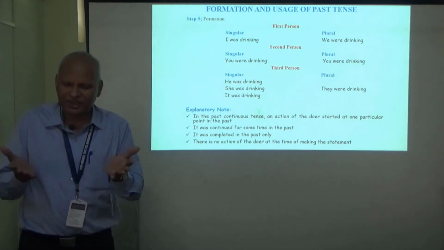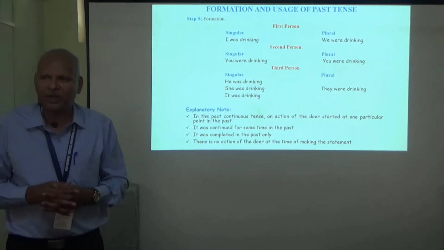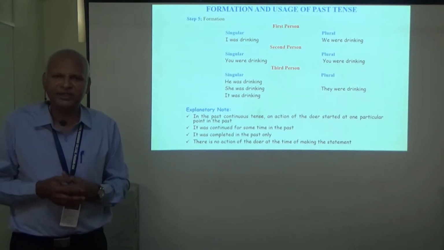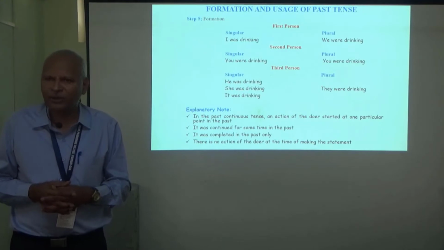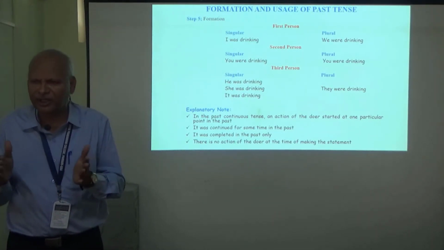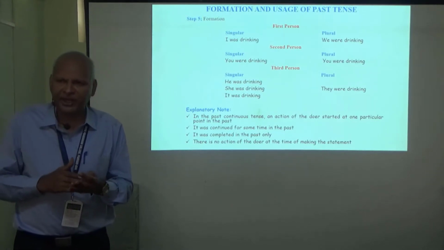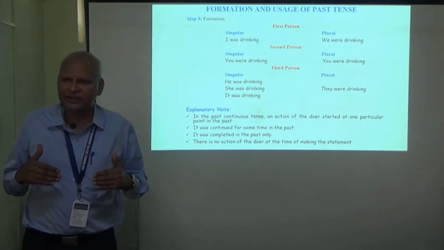So if sometime we say I was reading, suppose I ask a question, what were you doing? Then you can say I was reading, I was studying. In that case, we are making a past continuous tense. But the action of reading, the action of studying, is completed when I make a statement.